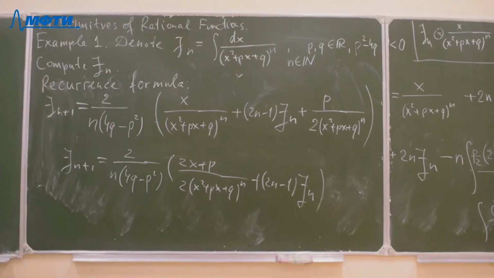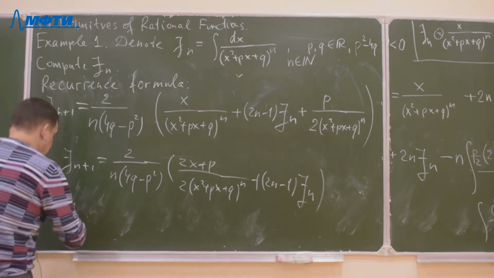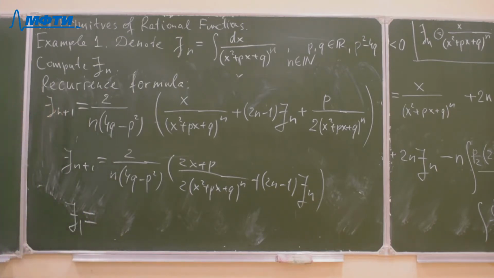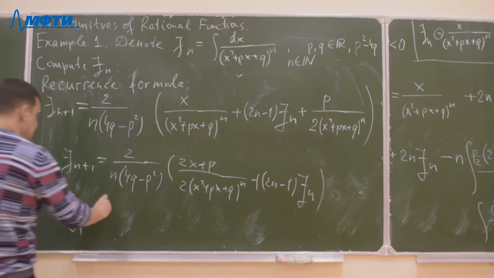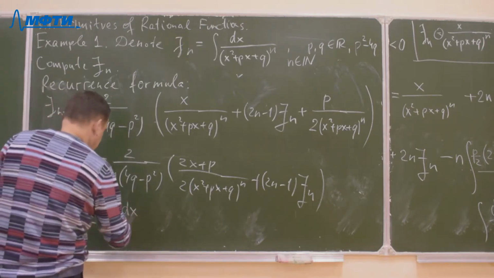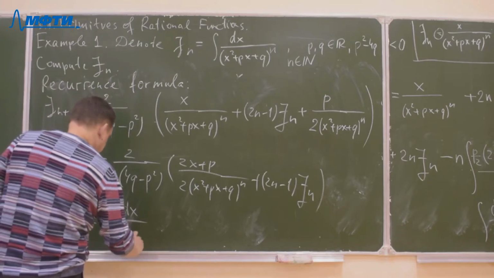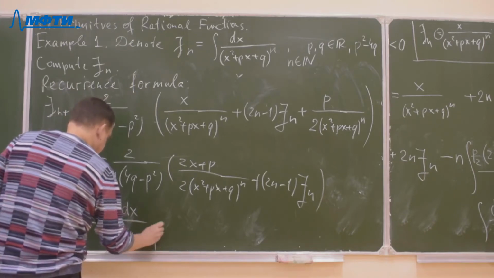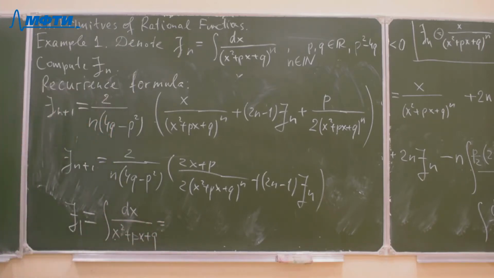So how it works? You start with J1. Let me compute J1 explicitly. dx over x squared plus px plus q. So what is it?